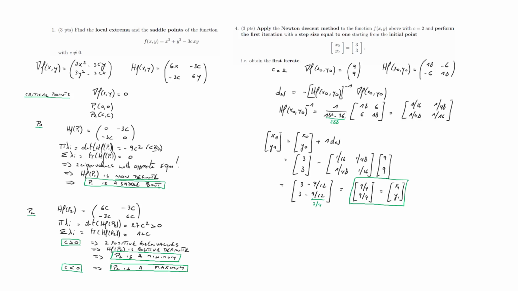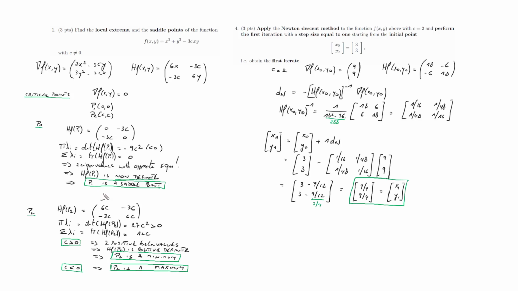So the product is negative, and the trace is 0, the sum is 0. So we have two eigenvalues with opposite sign, right? So this means that the Hessian in P1 is non-definite, so we have here a saddle point.